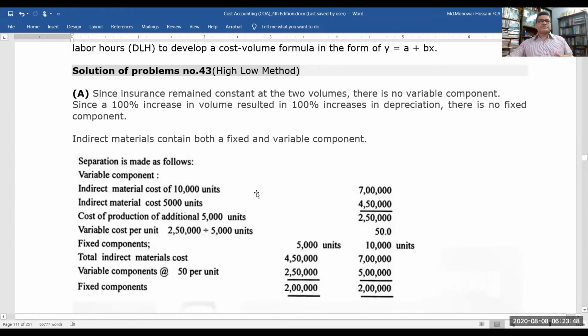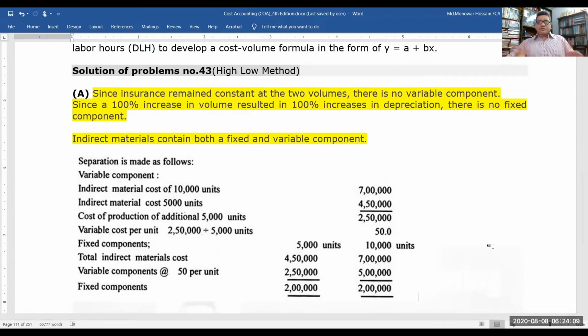Since the insurance is constant at the two volumes, there is no variable component within the insurance cost.